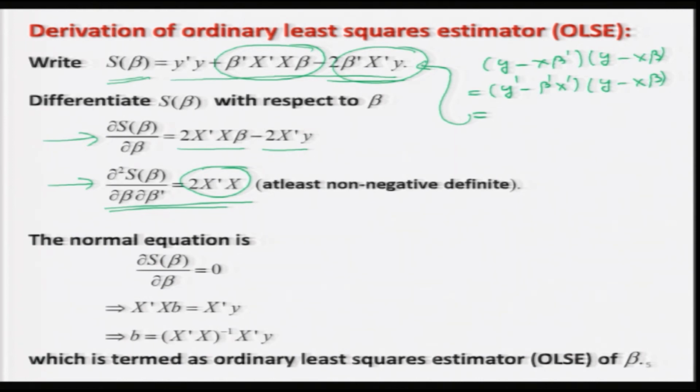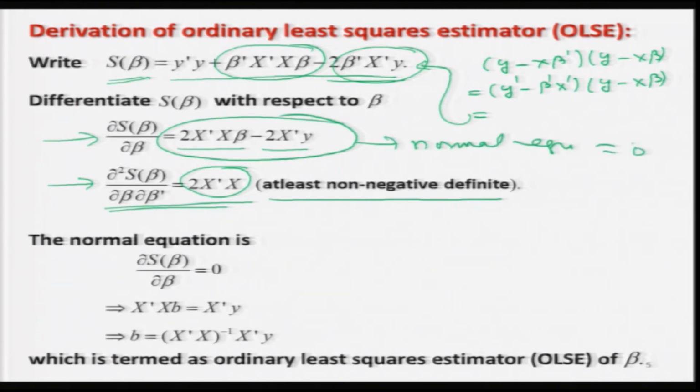You can see that this quantity is independent of beta, and this x transpose x matrix is always at least non-negative definite. That ensures that whatever value of beta we obtain by solving this normal equation, which we get when we put it equal to 0, will minimize the function S beta, that is, the sum of squared deviations due to random error.